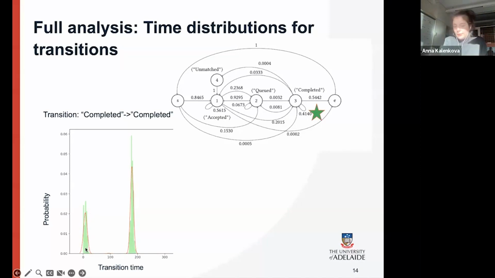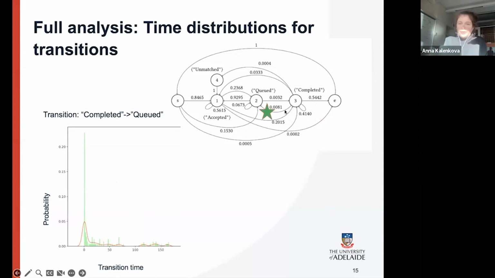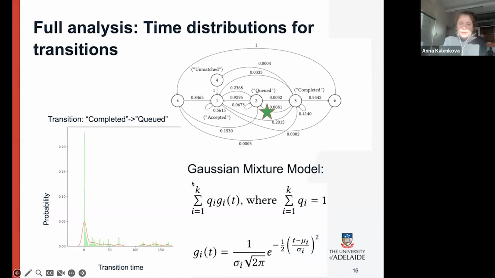And we can take this histogram and fit the curves here. Another example is the transition between completed and queued. Again, we can try to fit, and the model that I've chosen is a Gaussian mixture model. What is that?